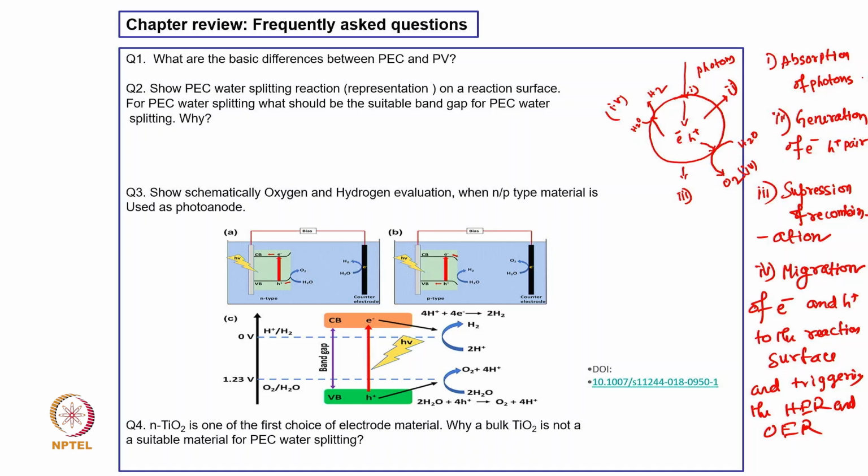So, this is the complete process of PEC water splitting, making hydrogen and oxygen on the reaction surface.